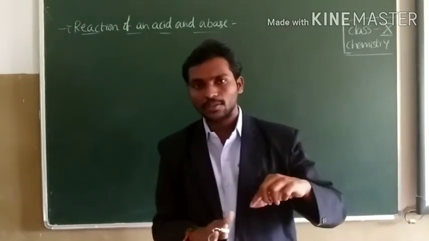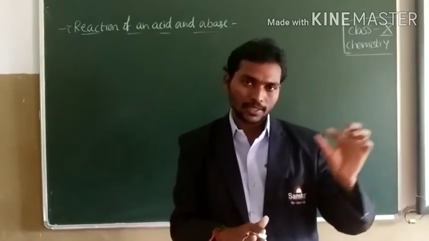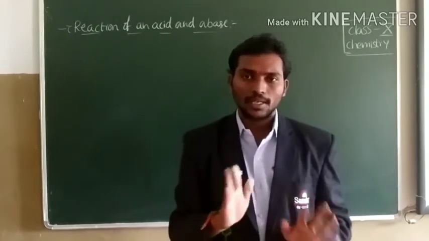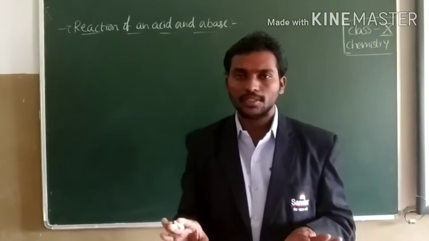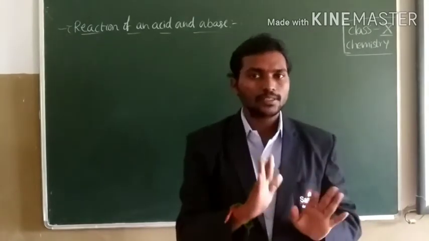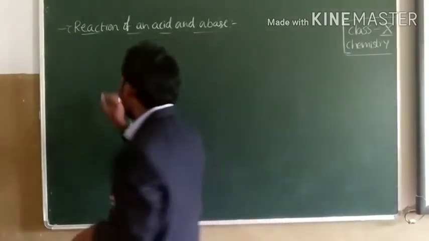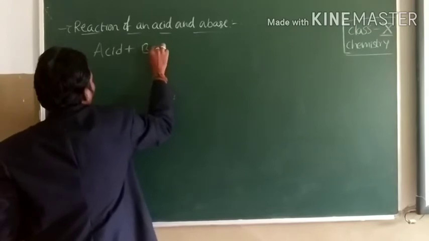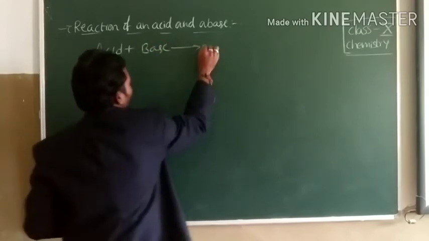Now when we add hydrochloric acid dropwise to the solution, the solution again changes to colorless. So this activity proves that a reaction between an acid and a base takes place. The reaction between acid and base forms salt and water.